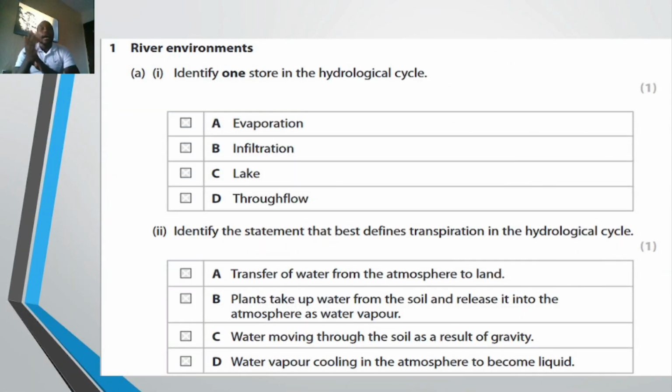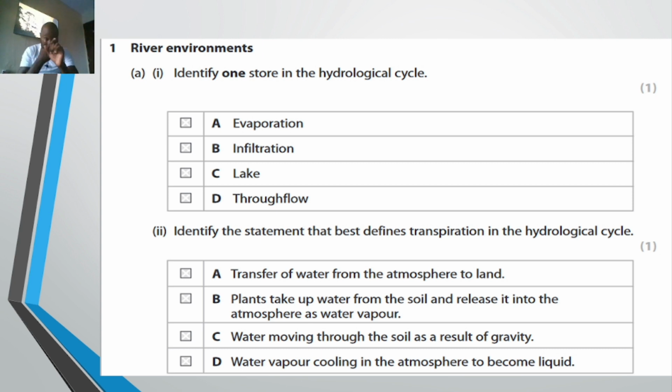Okay, now look at another question. Identify one store in the hydrological cycle, and you're given options there. We have evaporation, we have infiltration, we have lake, we have throughflow. What do you think? What is the answer there? Identify one store, not transfer. I've talked about the hydrological cycle. We only have two things. We have transfers and we have stores.